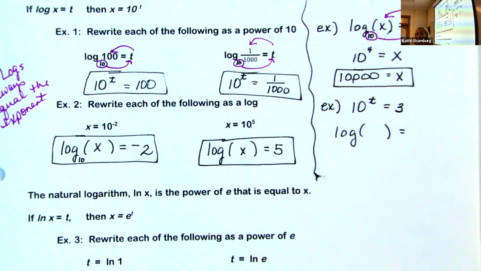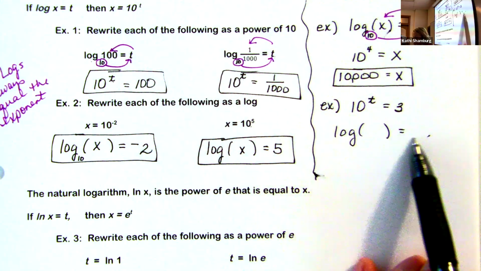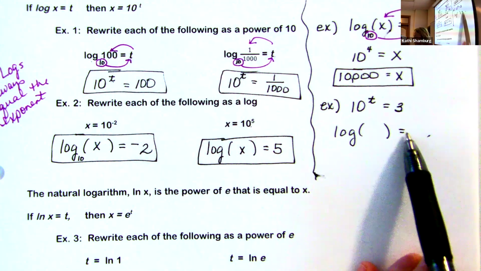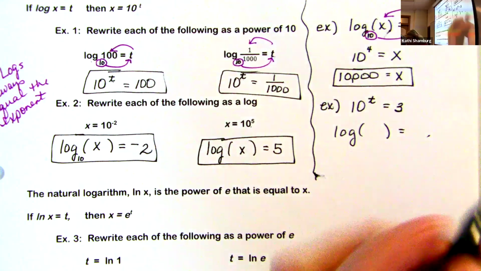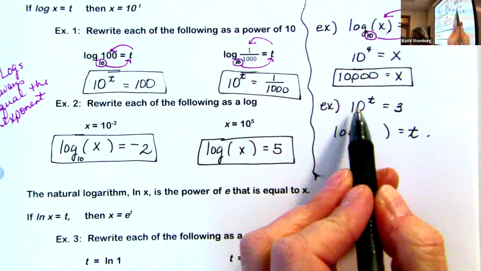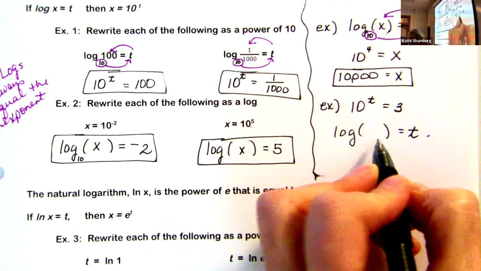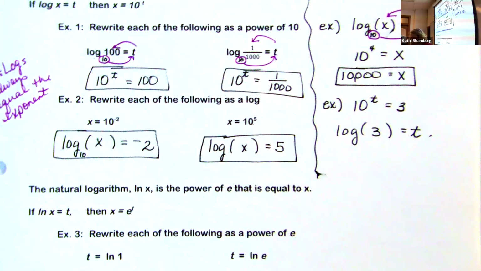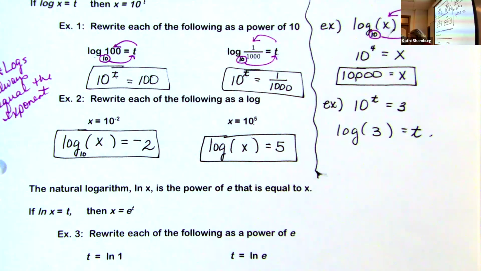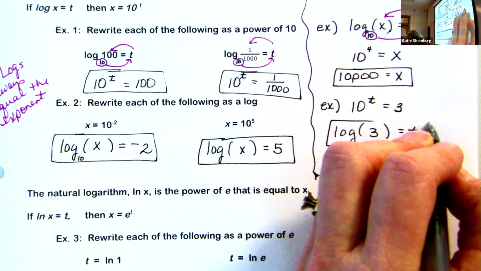Now, be careful here. Logs are always equal to the exponent, so what am I going to put right here? T. T is your exponent. We know it's base 10, so I don't do anything else with the 10, so what goes inside my parentheses? Now, you'll have to read WebAssign.